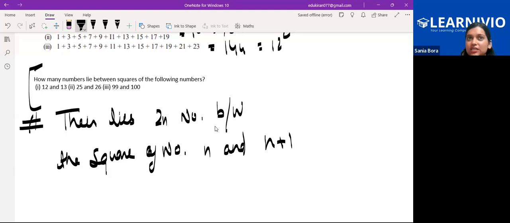So in case I ask you how many numbers lie between these, if one is n and another one is n plus 1, then there lie 2n numbers.